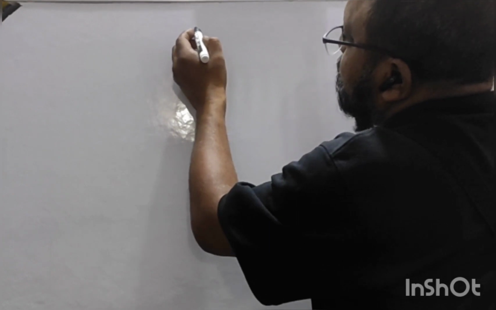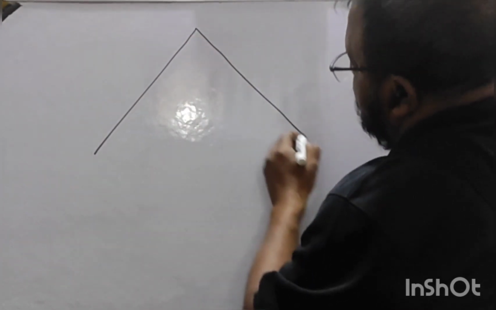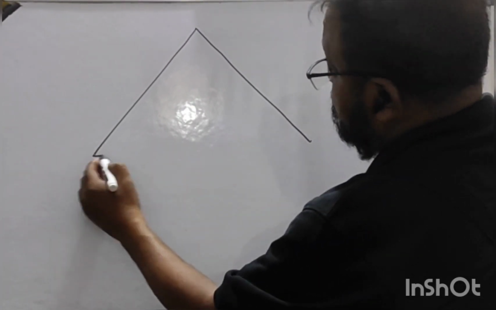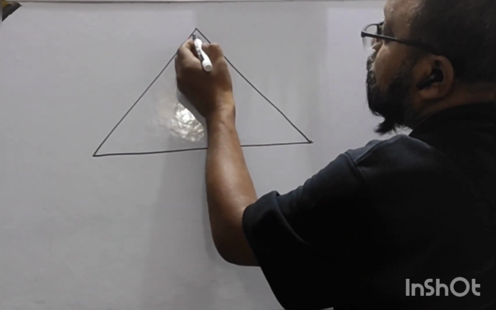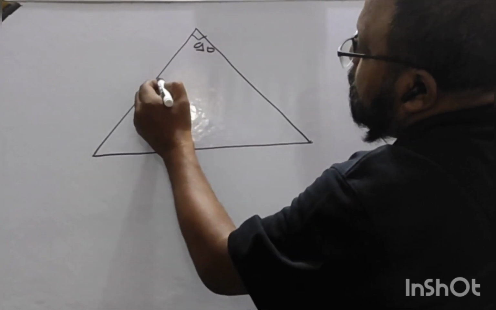So there is a prism like this. This is a right-angled prism. This angle is of 90 degree, and it is isosceles.